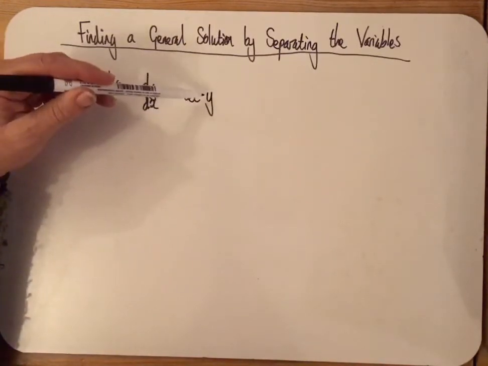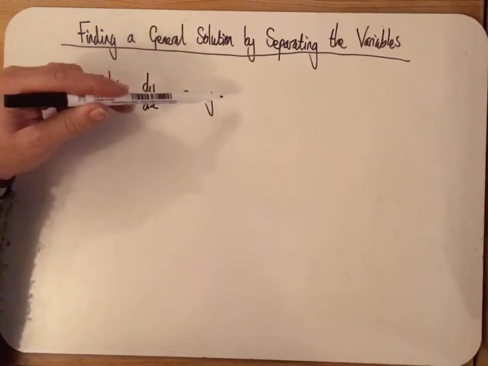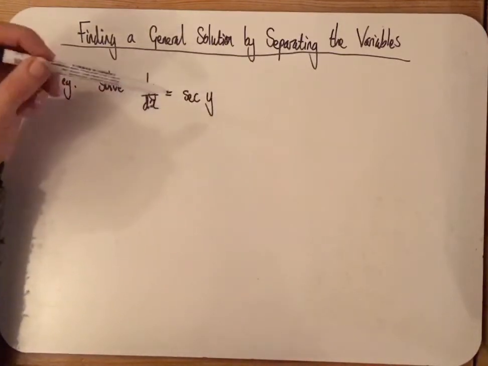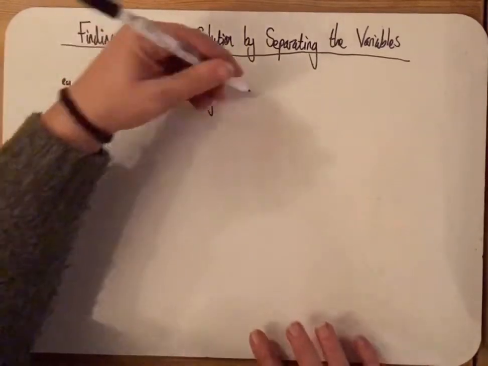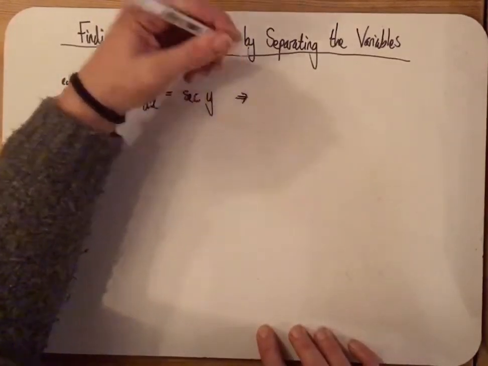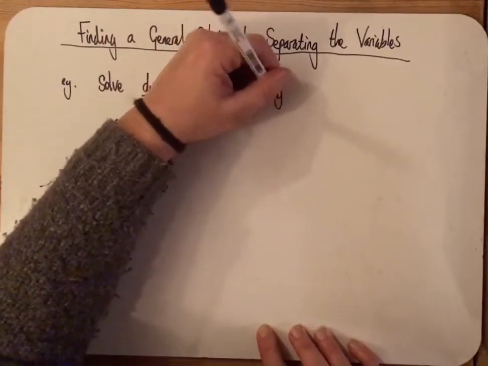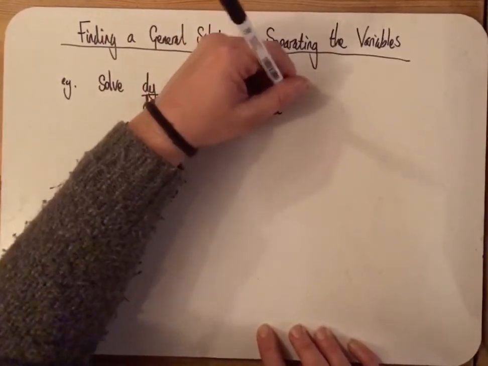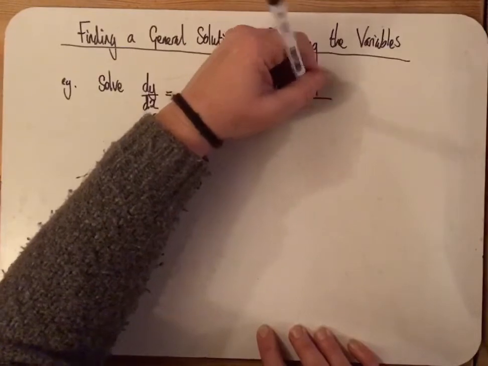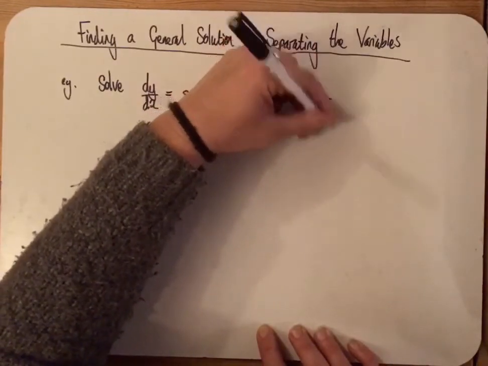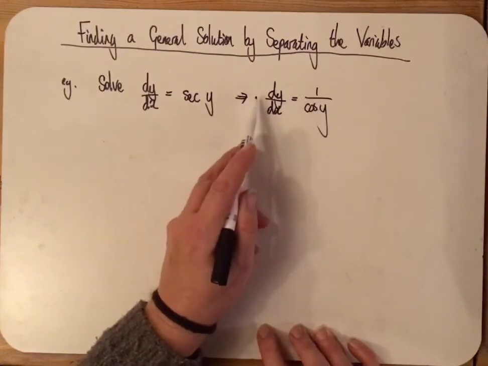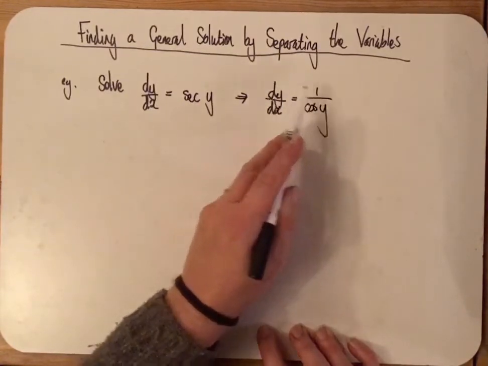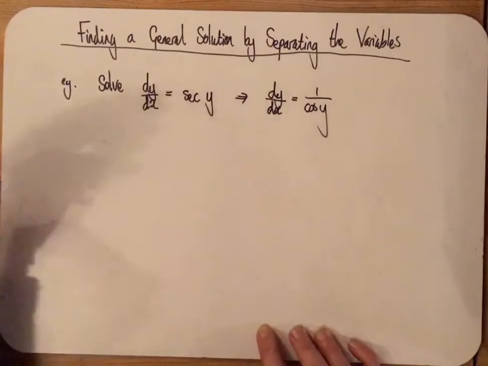So you can't integrate y with respect to x. And so what you need to do for this, I will rewrite that as 1 over cos y actually. Is you need to get all the y components over to this side and then the x components over to the right hand side.